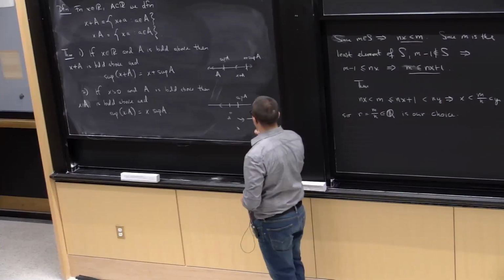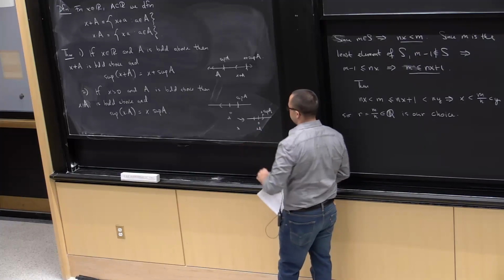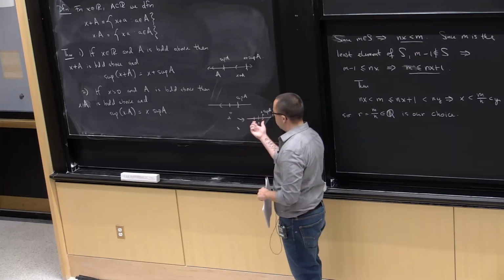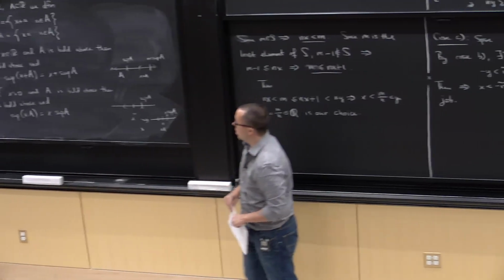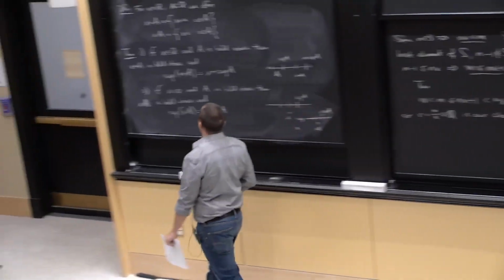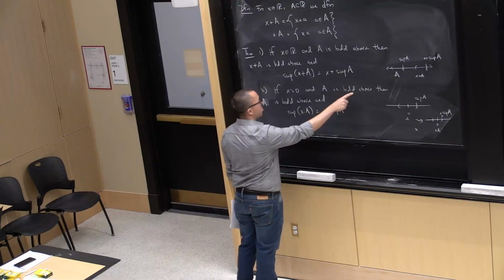Why x positive? Well, if I multiply by x negative, this not only shrinks it, it flips things. So in fact, there's a statement in the book about if x is negative, then you would need to assume A is bounded below.